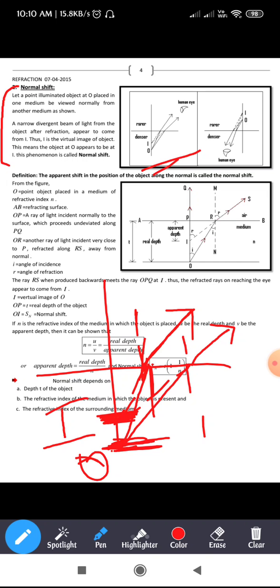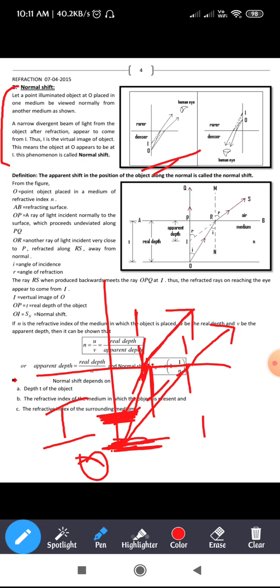But when you try to lift that object, you will come to know the depth will be more. For us it appears like the object is placed very close. So that is called normal shift.